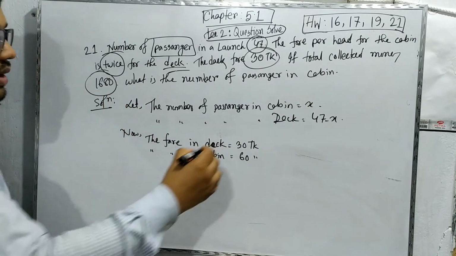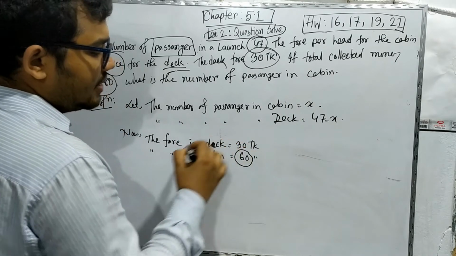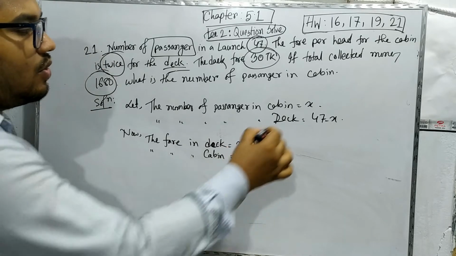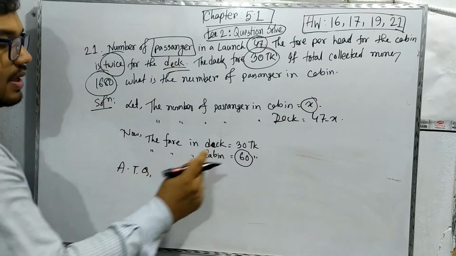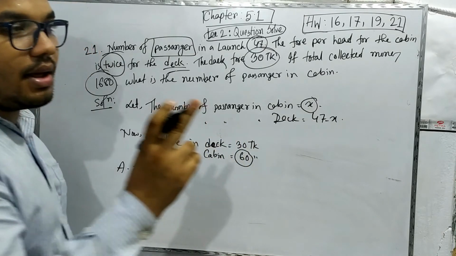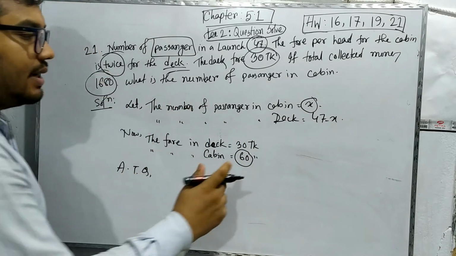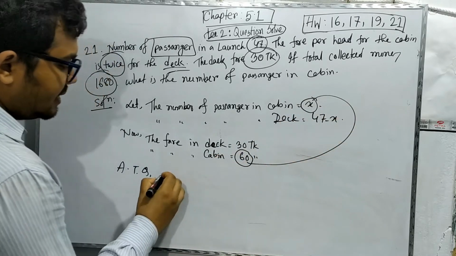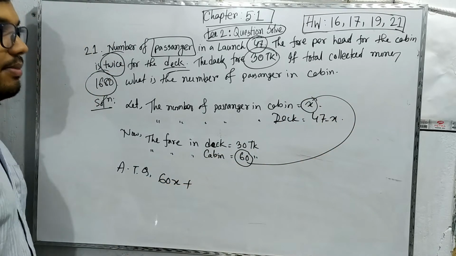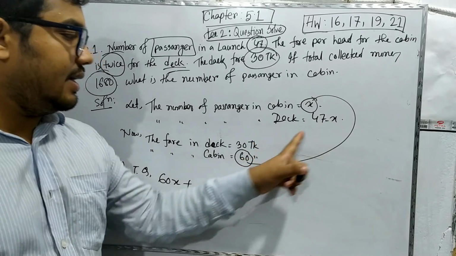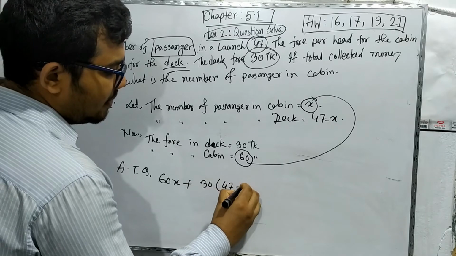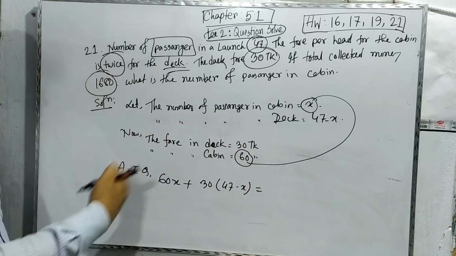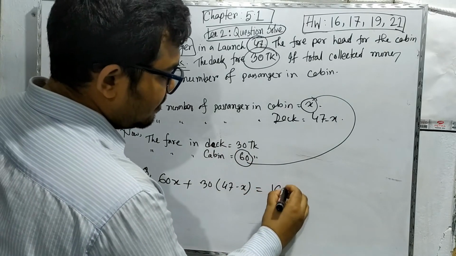So here in the cabin there is 60 taka for one person. What about x? According to the question, the total money collected from the cabin will be 60x, and the money collected from the deck is 30 into 47 minus x, and our total collected money is 1680.